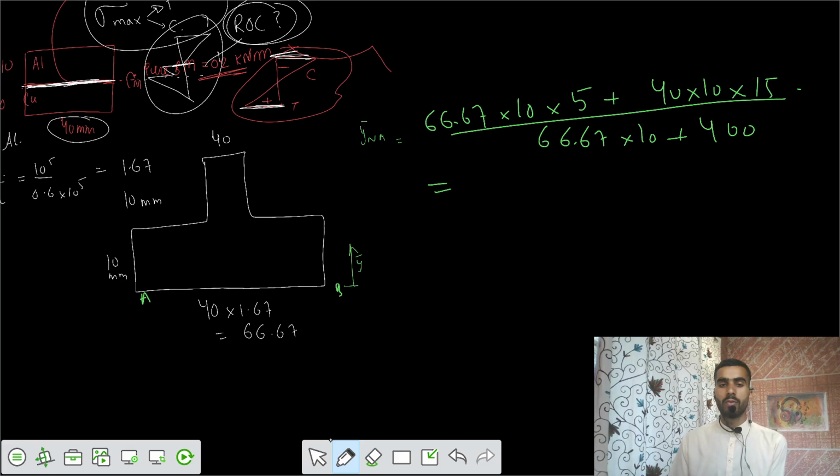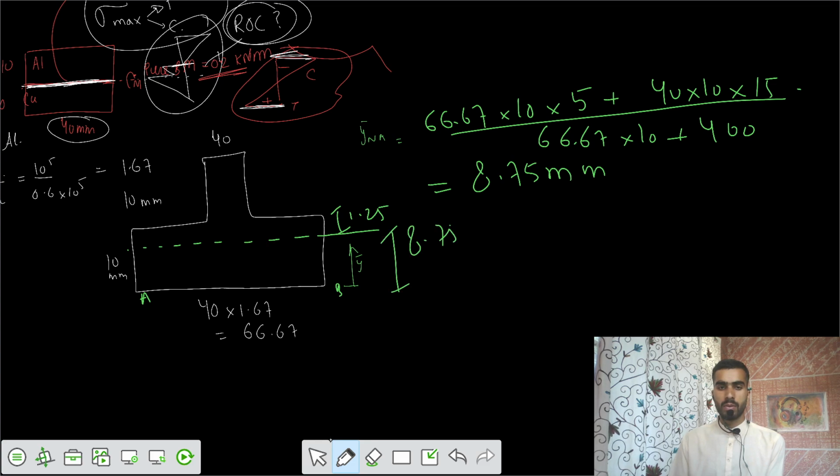So you get a value of y bar equals 8.75 mm. So 8.75 mm is somewhere here, which means this part is 1.25. Now the centroids of these areas are here.